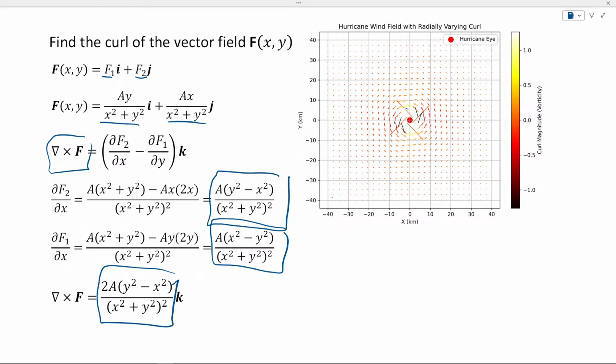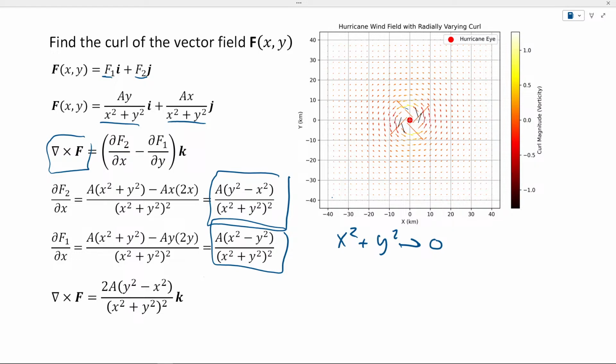And this depends on this distance. Near the center, as this distance approaches zero, the curl becomes the largest. So here you have the largest curl, the largest vorticity, the largest rotation.